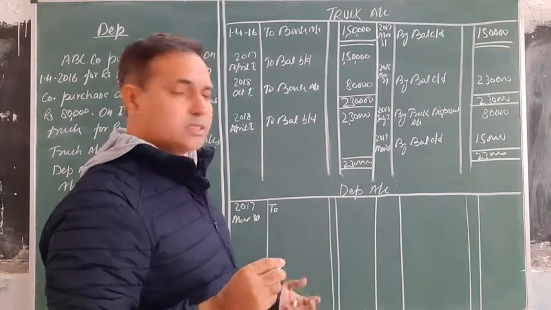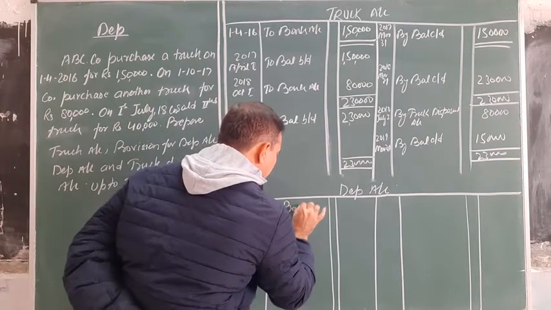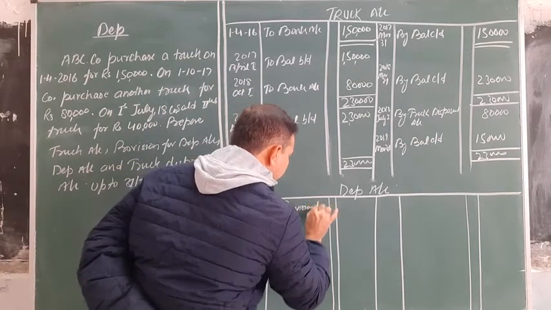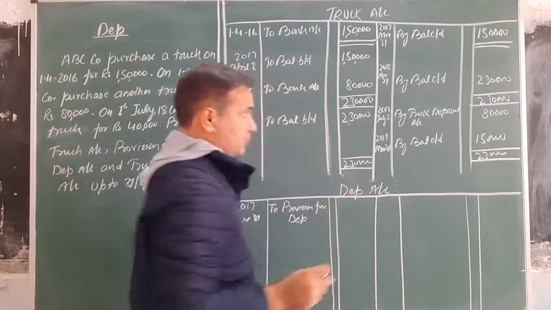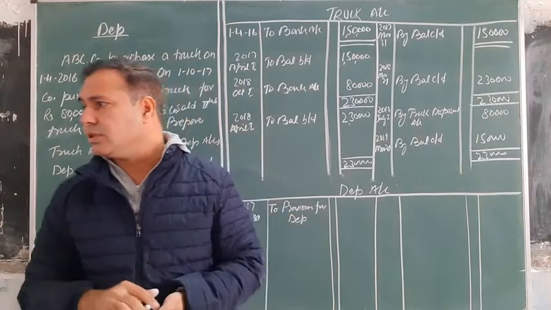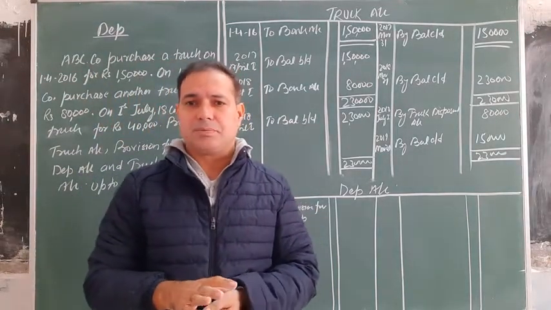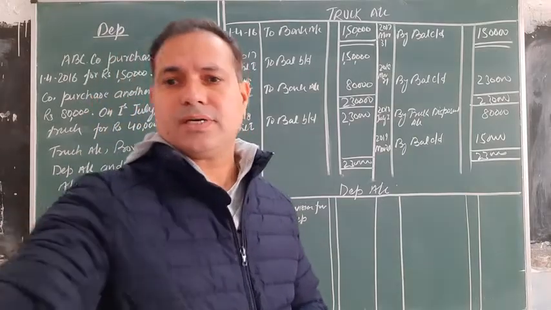So in depreciation we will write to provision for depreciation. The cost of the first machine is rupees 1,50,000, so we will charge depreciation on 1,50,000 at the rate of 10%.